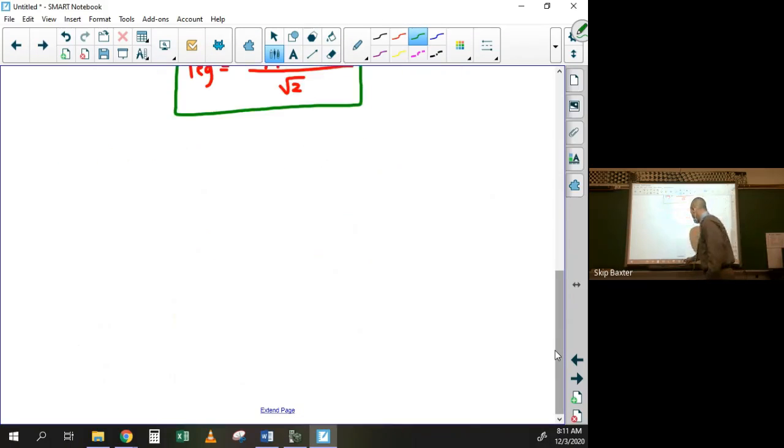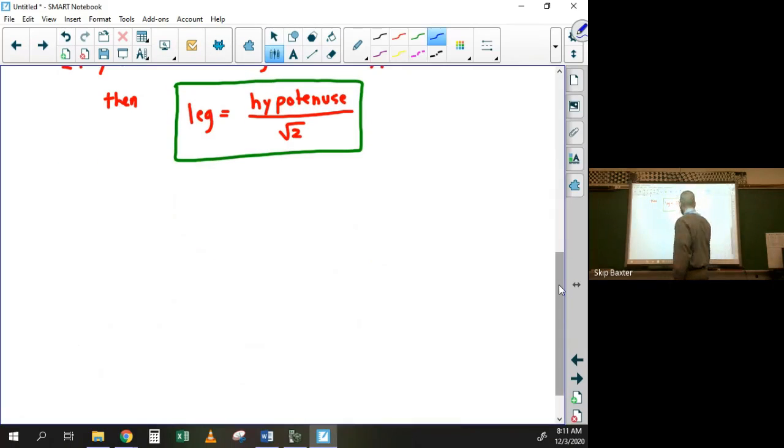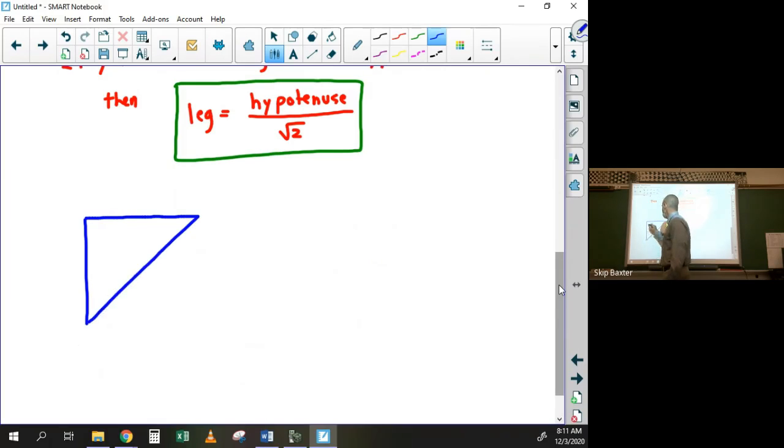Okay? So if I have an isosceles right triangle like this, and I knew the length of the hypotenuse, right? Let's say the hypotenuse had a length of 12.